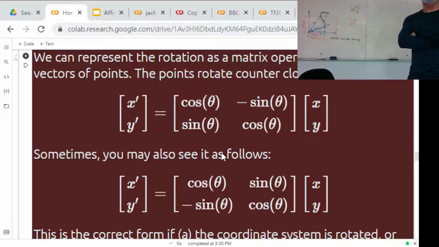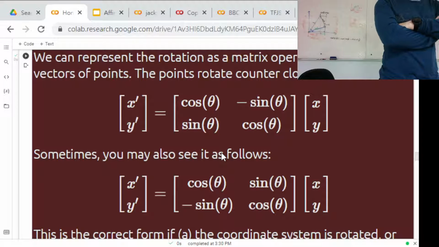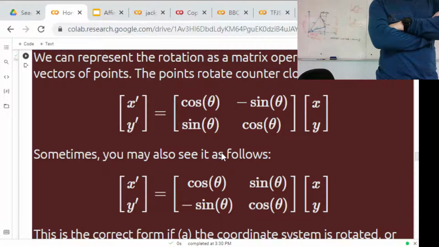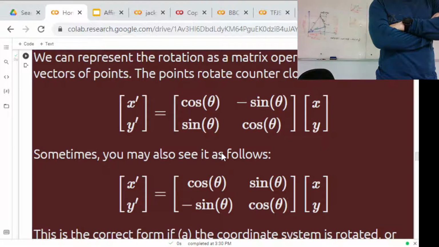And this is where it becomes more tricky. Sometimes when you forget the equations and you Google for them, you see them in the other format. Cos, sine, negative sine, cosine. Right? So the minus sign will have moved. And whether this is correct or not depends on what you're moving.